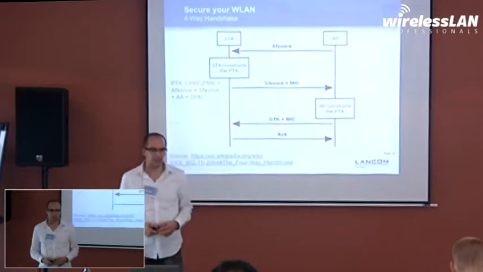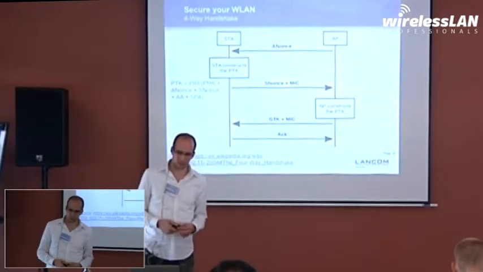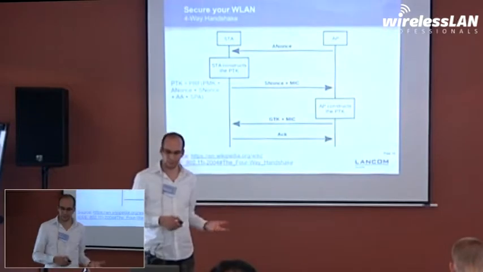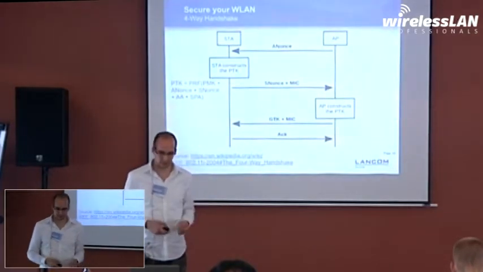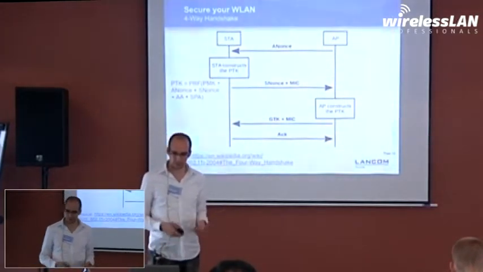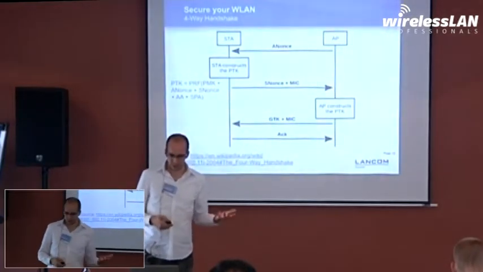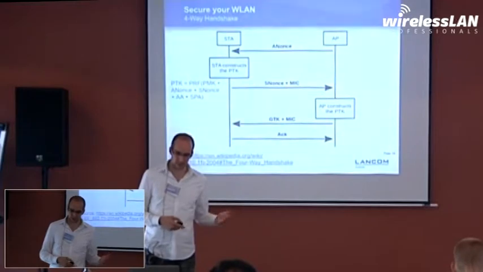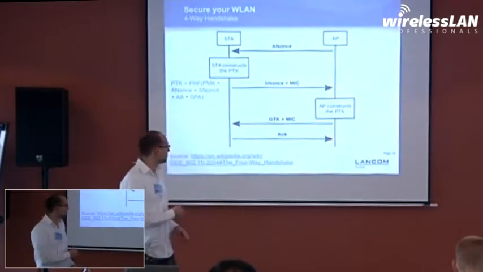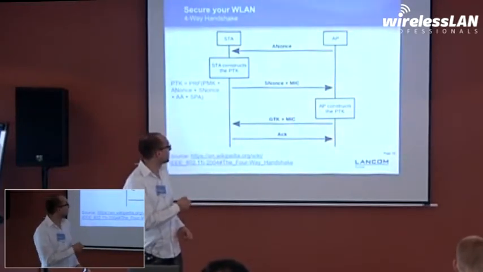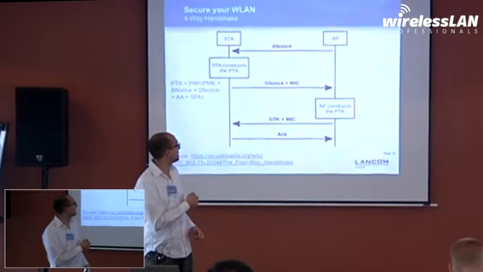The PTK is usually derived from so-called nonces: the ANonce from the AP, called the authenticator nonce, and the supplicant nonce, and the so-called AA, the authenticator's MAC address, and the supplicant MAC address. You can see the typical four-frame exchange from the AP sending its ANonce.